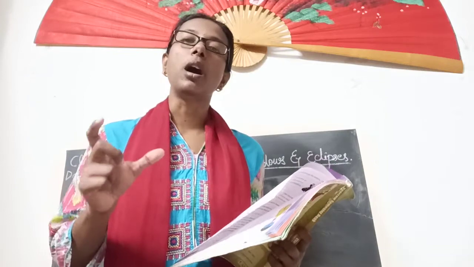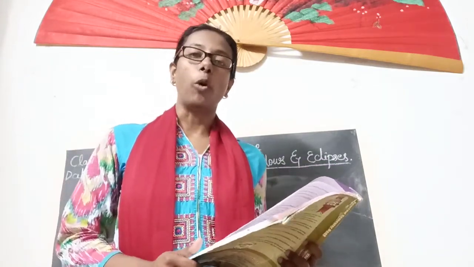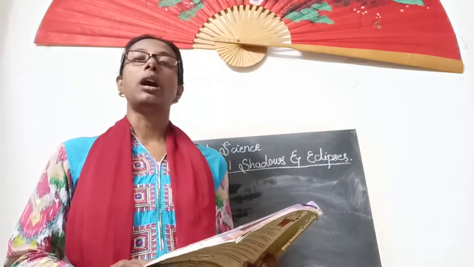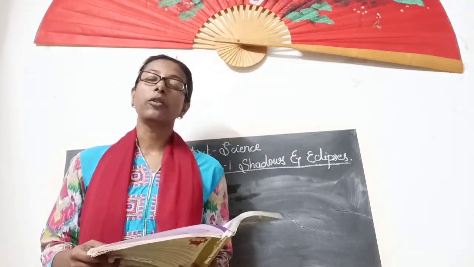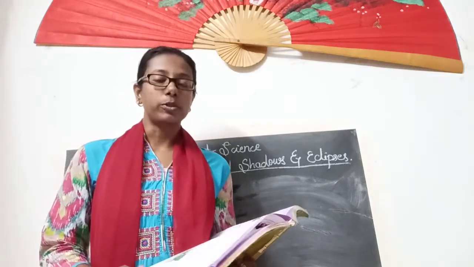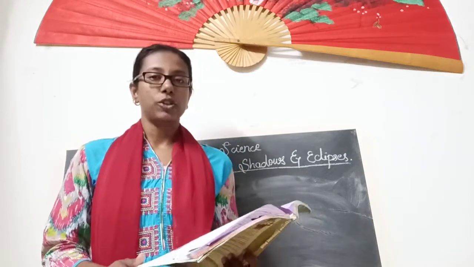Also, there is a dark area which will be formed just behind that object. That dark area is nothing but the shadow of the object. Okay, the dark area formed behind the opaque object when light falls on it is called the shadow of that object.